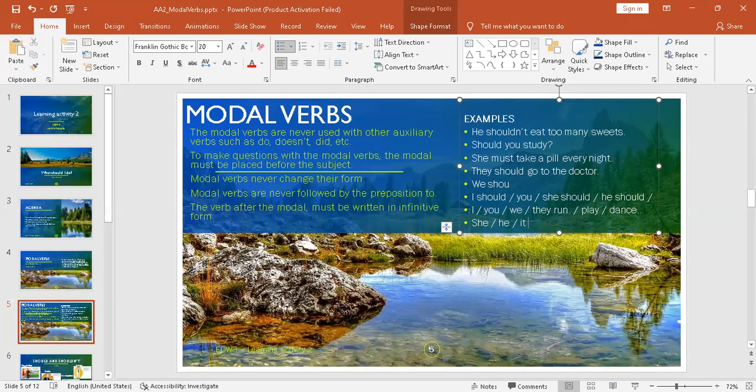And that one is the verb with a declination. In that declination, you have to add an S. So we say she plays, he dances, it runs, studies.